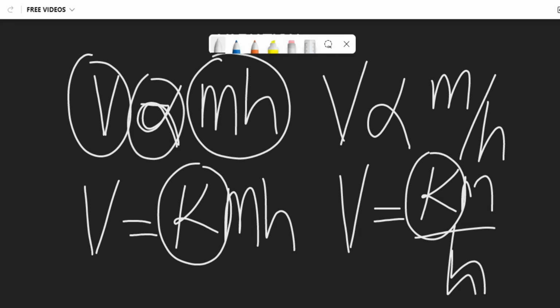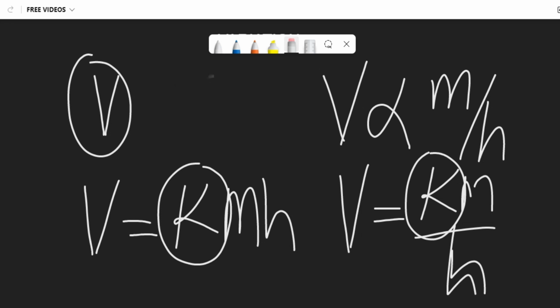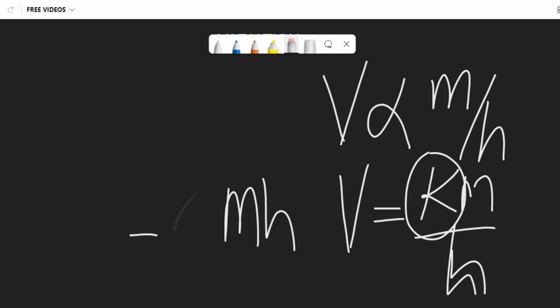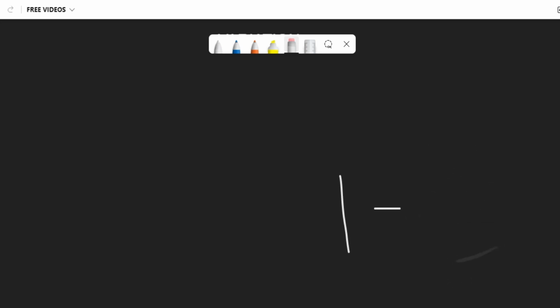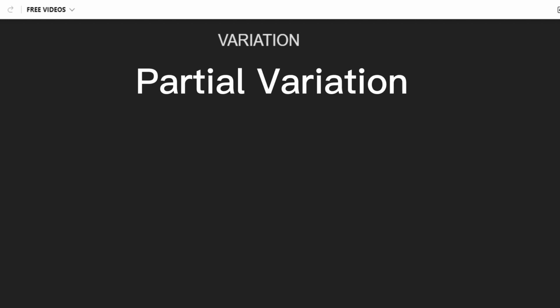So when we talk of joint variation, you should consider variation that involves two or three or more terms being jointly related.